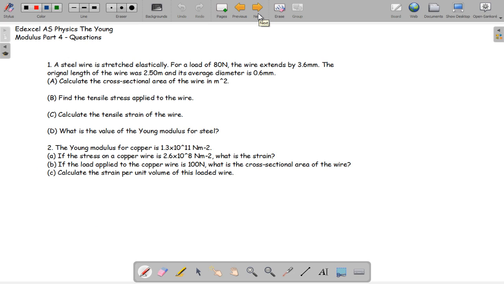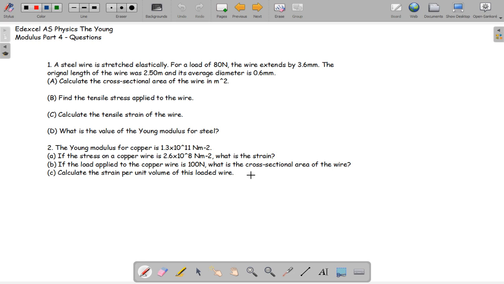A steel wire is stretched elastically for a load of 80 newtons. The wire extends by 3.6 millimeters, and the original length of the wire was 2.5 meters, and its average diameter is 0.6 millimeters. So calculate the cross-sectional area of the wire in meters squared, find the tensile stress applied to the wire, calculate the strain of the wire, and what is the value of the Young modulus for steel.